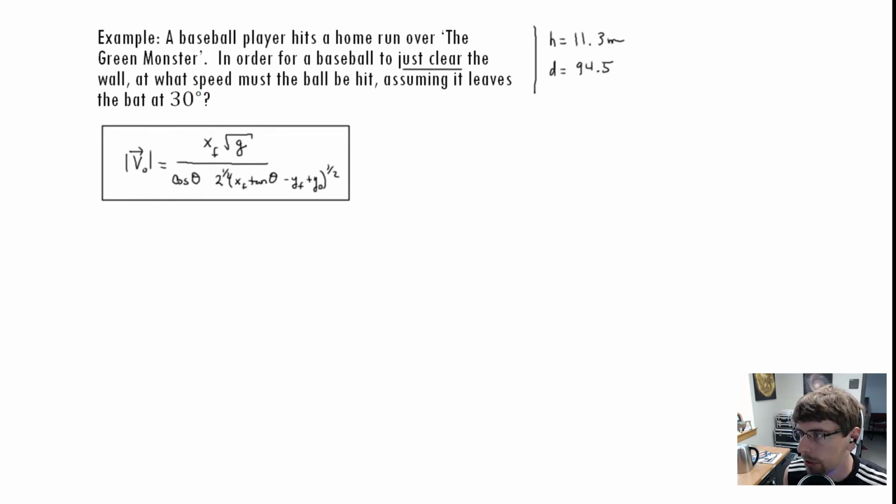Well, without any further ado, I guess we should actually substitute in some values. So let's go at this. What speed do we actually have to shoot this thing at?